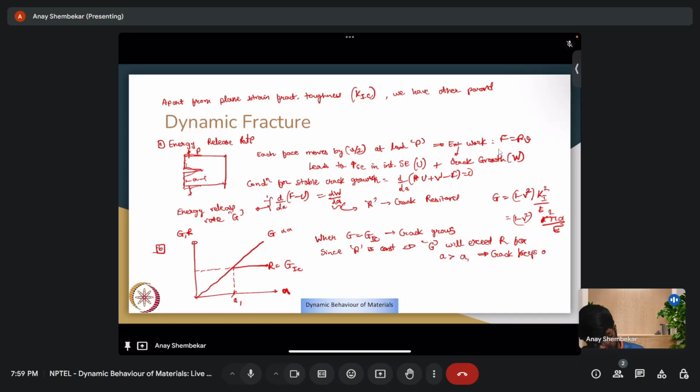Again, from the expression, it should be pretty straightforward. So a lot of this is based on linear elastic fracture mechanics, which is for brittle materials. To get really deep into it, a suitable postgraduate course for fracture mechanics can be looked at, or you could look at references such as Anderson.